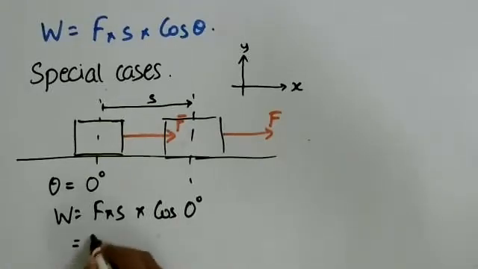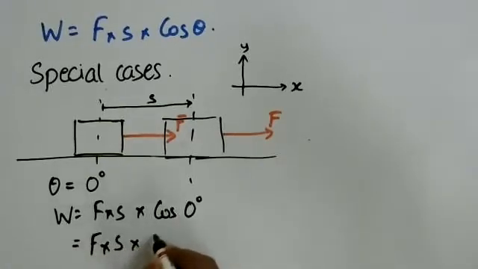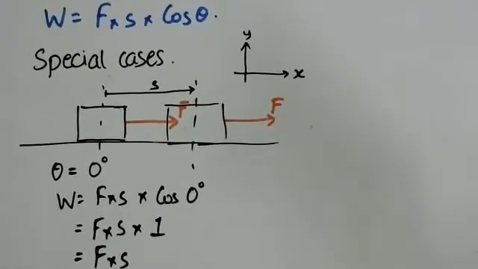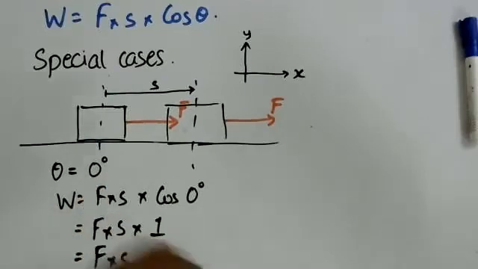So work becomes F times S times 1. So in this case, you simply get F times S. So this is your first equation. This is how you got the first equation. That is a special case when theta is equal to 0 degrees, which means the force and the displacement are in the same direction.